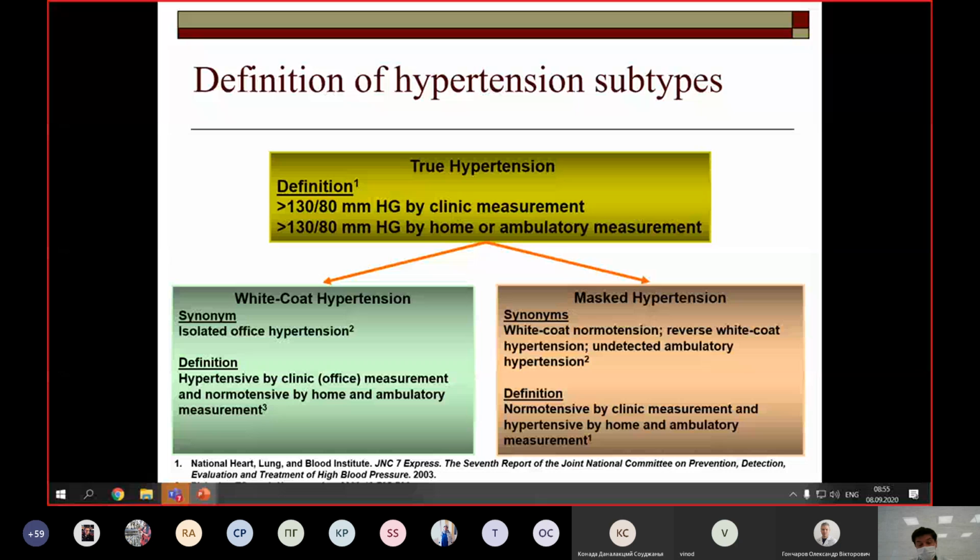The definition of this one is that all these patients should be normotensive by clinic measurements and hypertensive by home and ambulatory monitoring. So, between white coat hypertension and masked hypertension, we have a big difference.